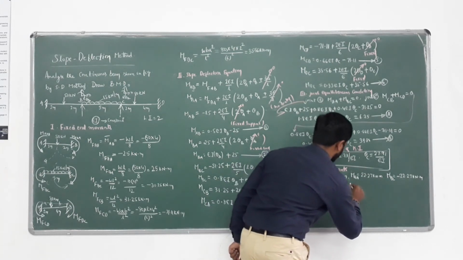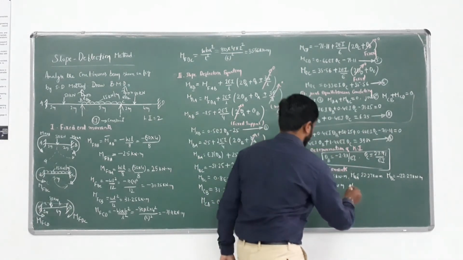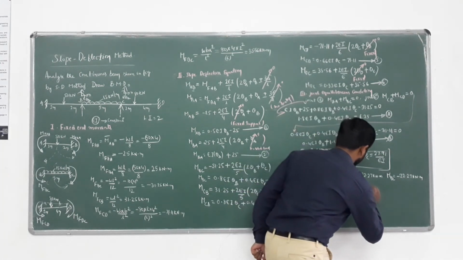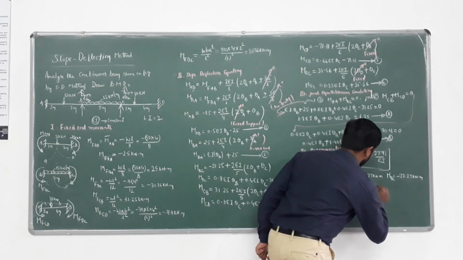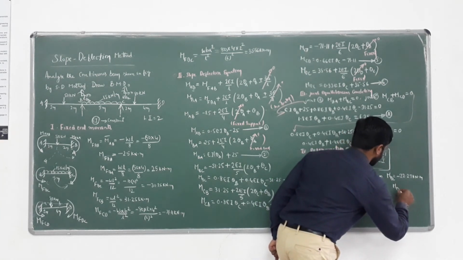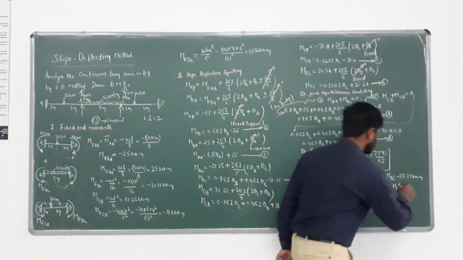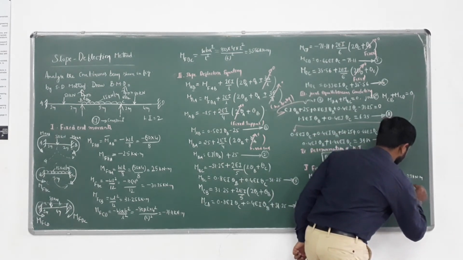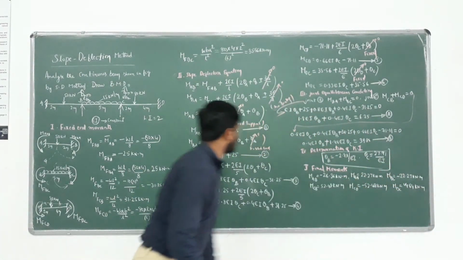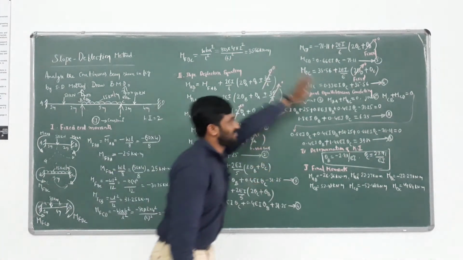What is the value of MCD? Minus 52.48. What is the value of MDC? 44.85. So these are the values we got by substituting theta B and theta C in equations 1, 2, 3, 4, 5, 6.